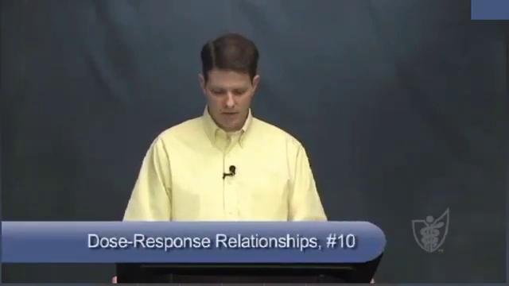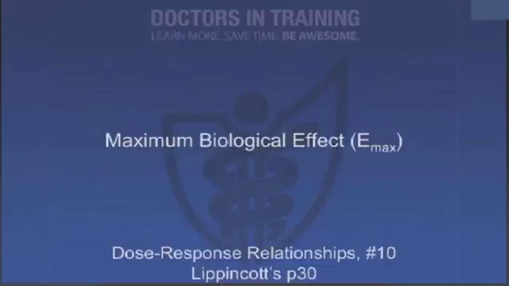From the dose-response curves we've been looking at, instead of comparing the EC50, as we did with potency, we're comparing what the maximum biologic effect is. We're looking at where does that curve plateau, where does it peak out? Are you able to lower the blood pressure by 20 points, or are you only able to lower it by 5 points or 10 points?